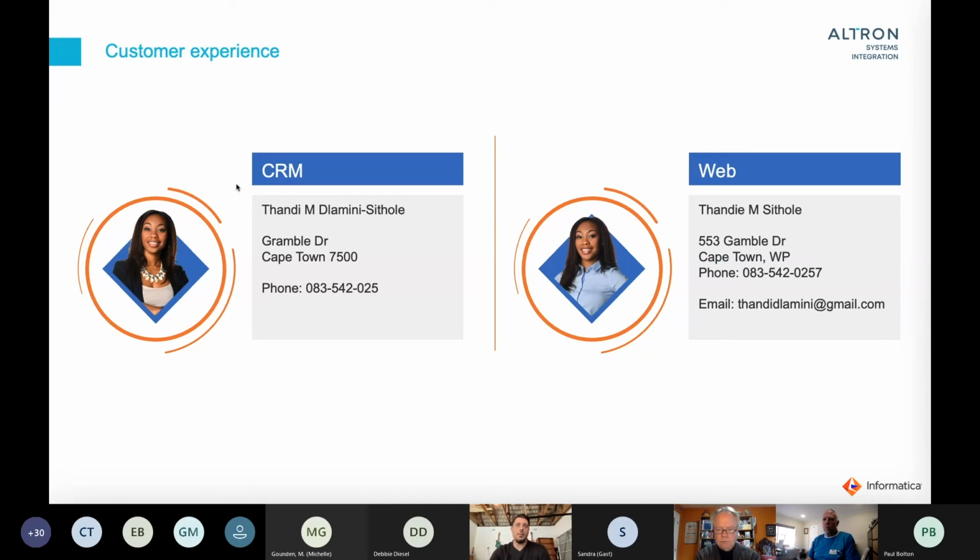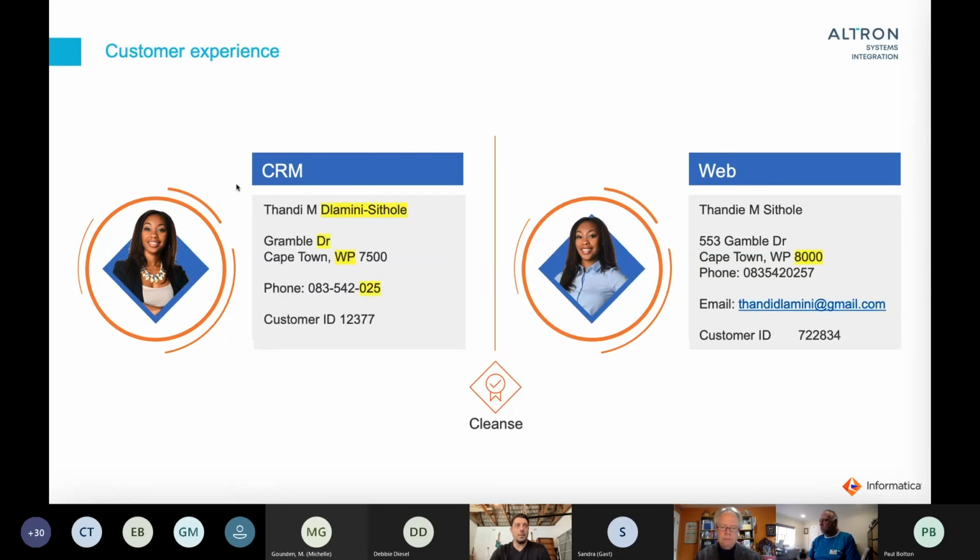And it looks like the same person. The names are similar. The address almost looks the same. There are enough differences to fool an engine, unless it's a more intelligent engine. But if you're a human and you look at this, you can almost immediately say it's the same person.